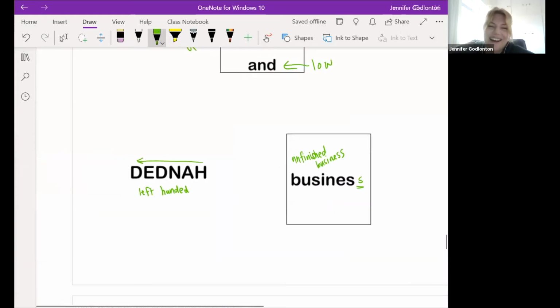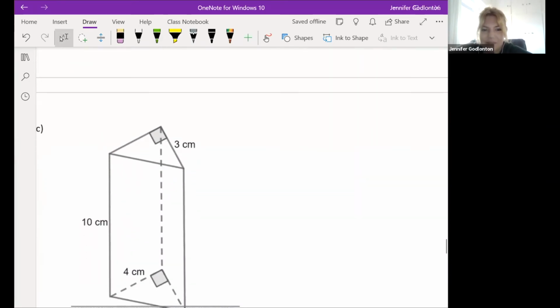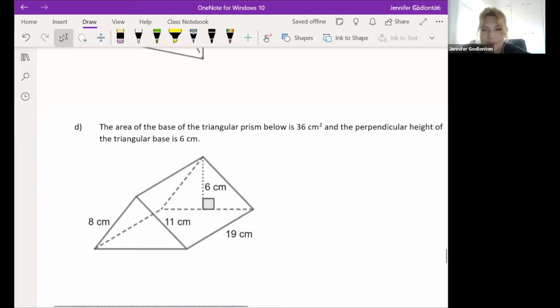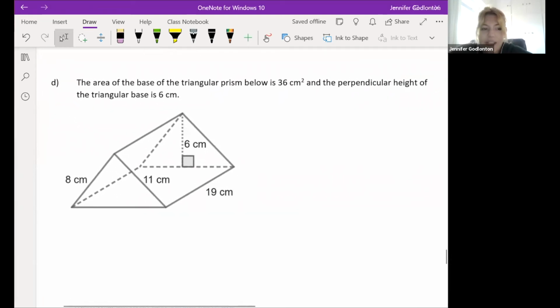Okay, nice job, guys. Let's jump into some of the spicier questions. We'll see what we can get through today. I want to start with this one. We spoke about this on Tuesday, and the quickest way to go about it.